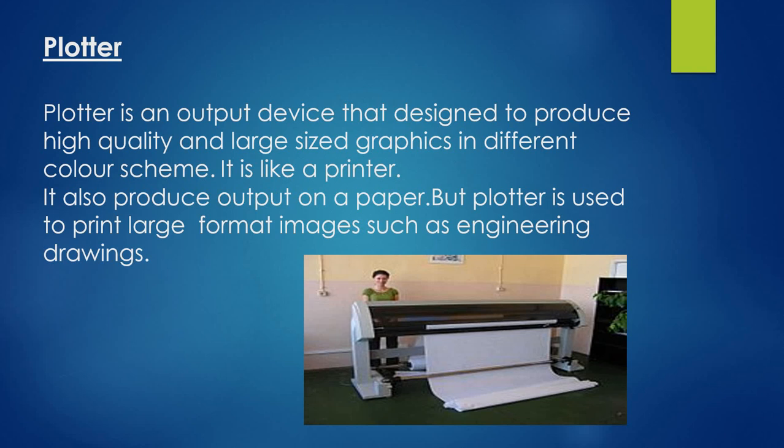For example, for engineering drawings, for architectural drawings, for building structure architecture, we are using this plotter. For designing the architecture, for printing architectural drawings or engineering drawings, we are using the plotter. In this, we are getting very large sized output.